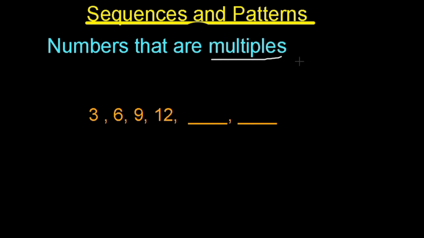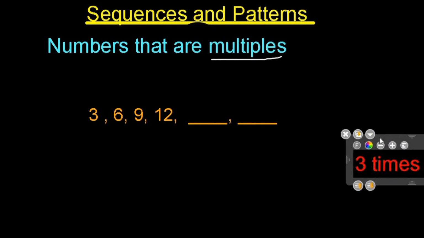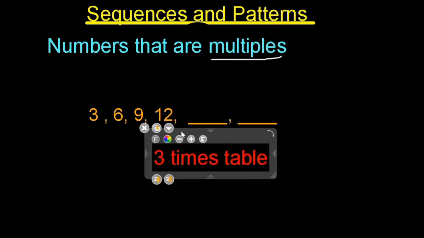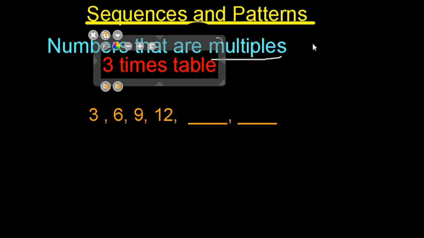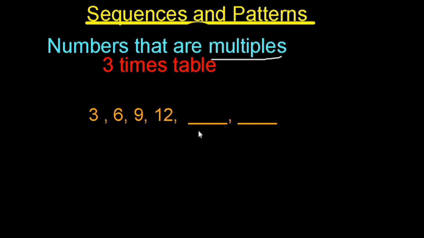Since these are the multiples, this is a table of 3, so I can very easily predict the next two terms. As 3 one time is 3, 3 two times is 6, 3 three times is 9, 3 four times is 12.